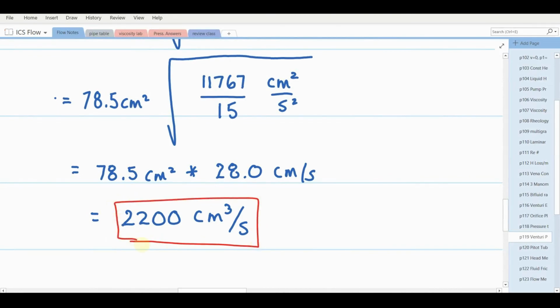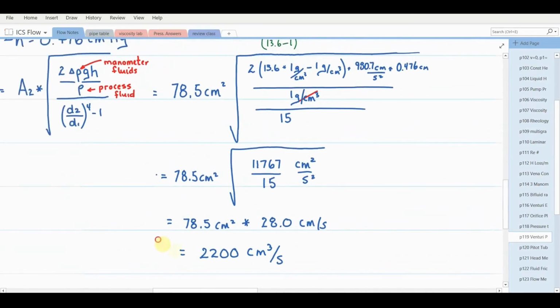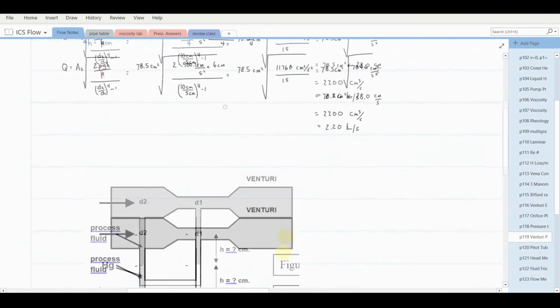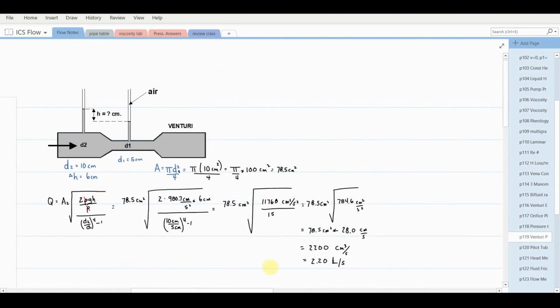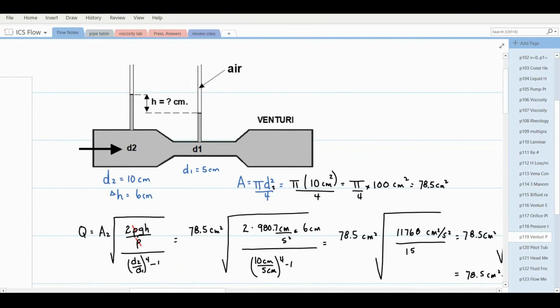It's exactly the same flow rate as we had in problem number 10. I simply put the manometer in a different location to show you how the same flow rate will be indicated differently by a different manometer fluid and a different manometer arrangement.